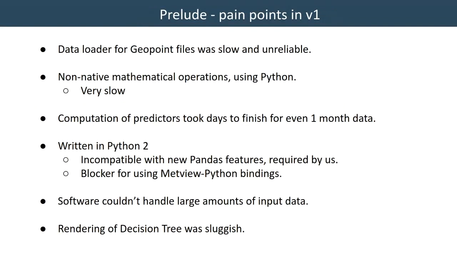And some of the mathematical operations that we were trying to do in the software were not native back then, so it was sometimes slow. Computation of predictors took several days sometimes to finish, even for 1 month of data. That works, but it's not practical.